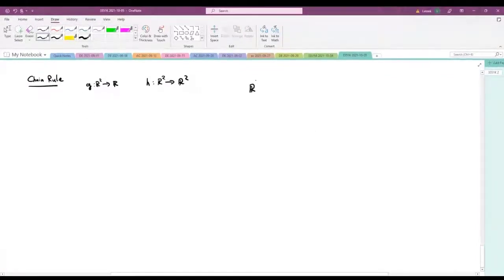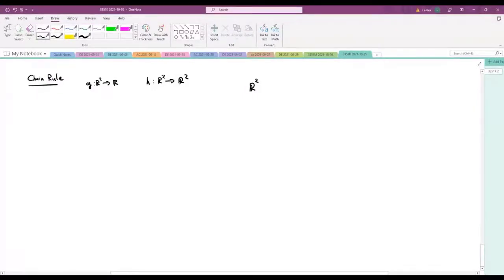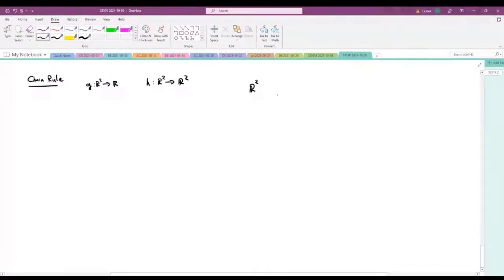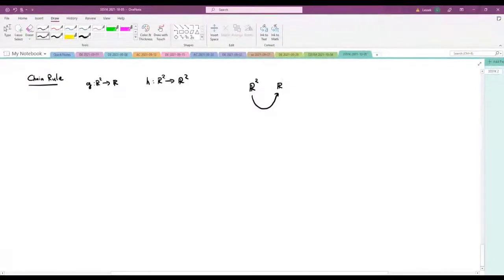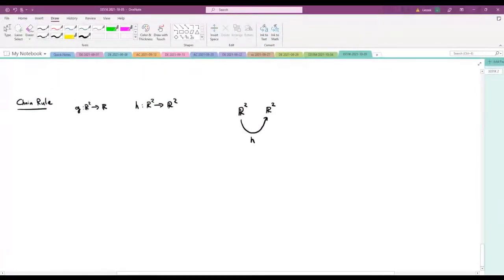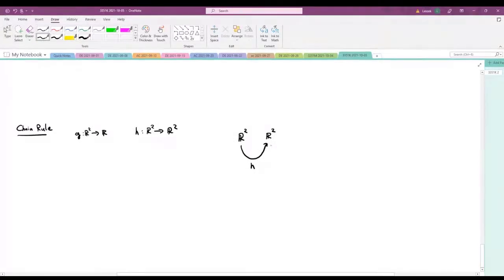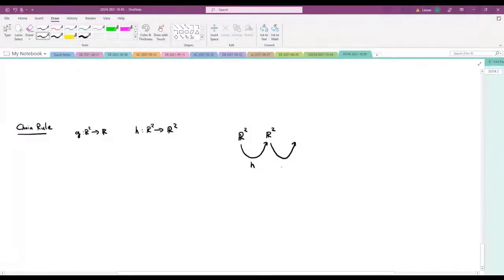So you can think of this as taking vectors in R2. H will pick them up and return another vector in R2. And then G will take that result. So we're going to be talking about composition, and output a number, so in R1, just real numbers.